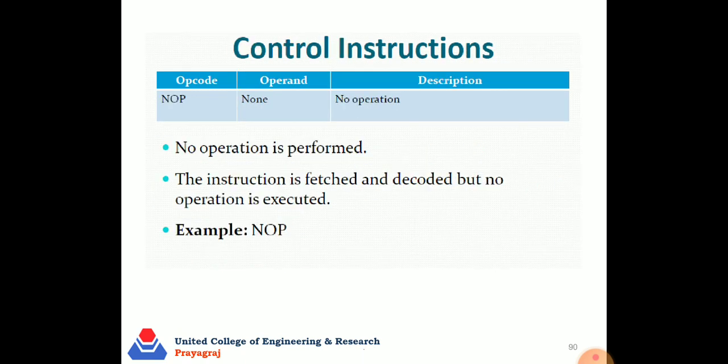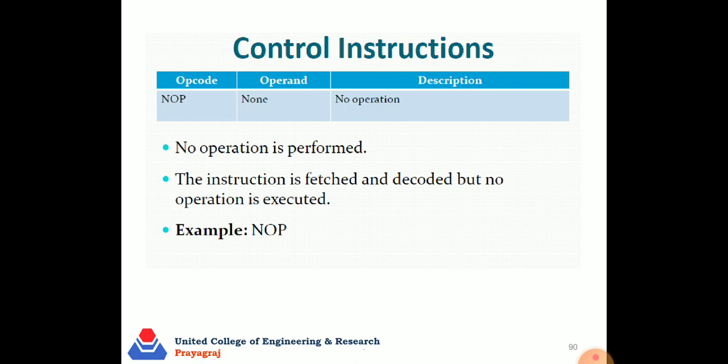The next instruction is the control instruction. There is instruction NOP. NOP means no operation, there is no operand. Actually it is a 1 byte instruction, and it is generally used in delay programs. So we will discuss this instruction in delay programs.